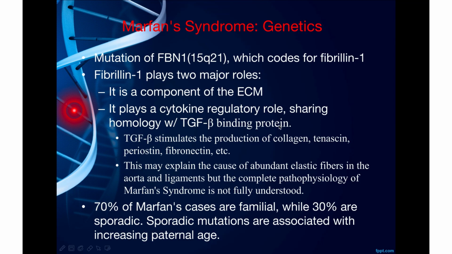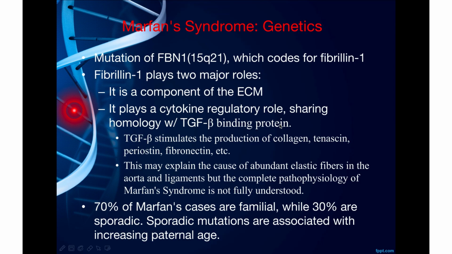TGF binding protein is responsible for sequestrating TGF beta. So if you have less fibrillin 1, you are going to have more activity of TGF beta, and that's what we think plays a major role in the pathophysiology of Marfan syndrome.